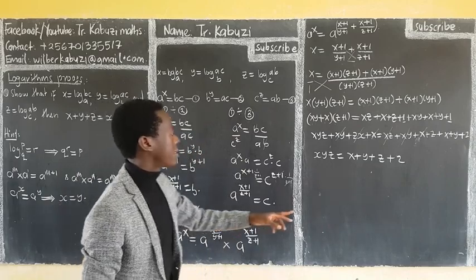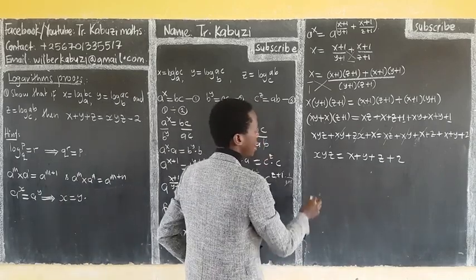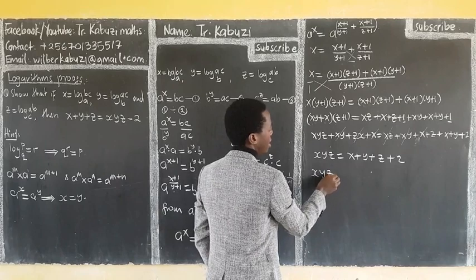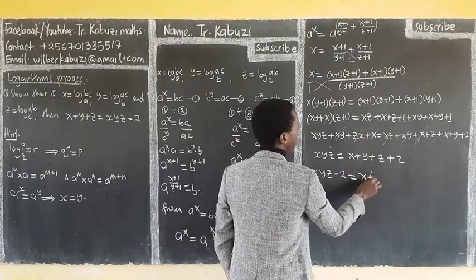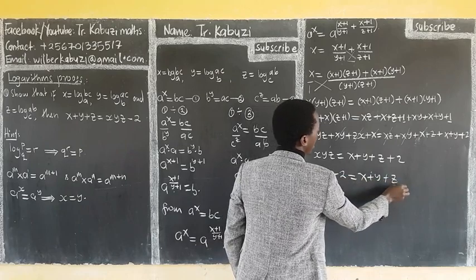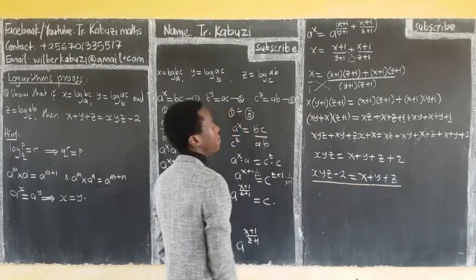Now if I take this 2 to this side, so now my xyz minus 2, equal to x plus y plus z, as required to prove.